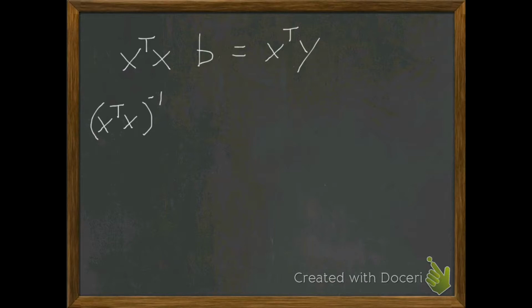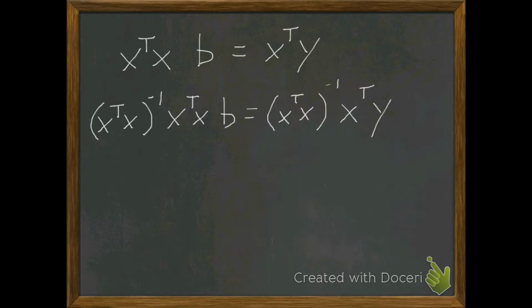So we'll take that times X transpose X beta. We multiplied the left side by the inverse, so we have to multiply the left side over here. We don't have the luxury with matrices that we have with real numbers, in that they're commutative. In general, matrices aren't commutative, so if we multiply one side on the left, we have to multiply the other side on the left. The reason I multiplied by the inverse here, and it may be better to see it like this, is because that essentially gives me a value of 1.